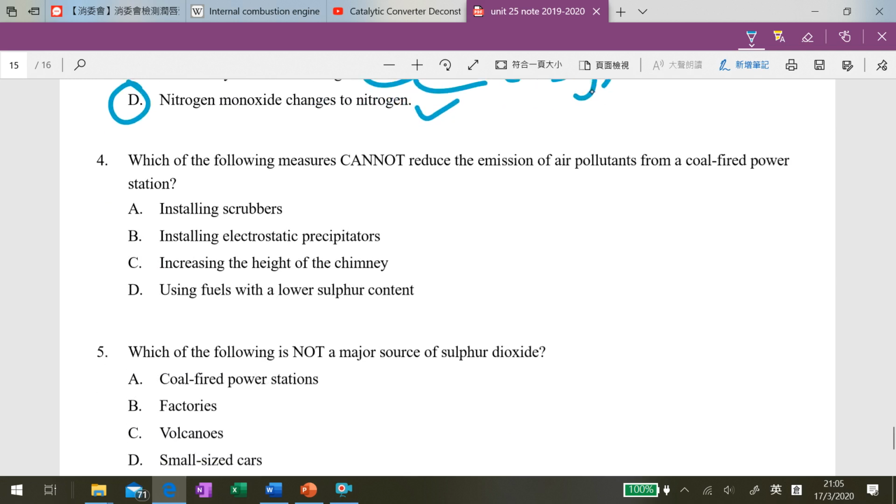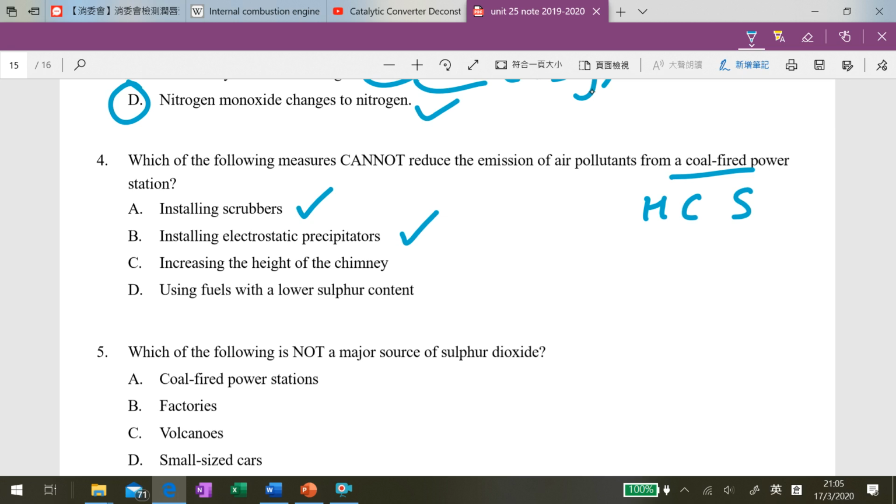Question 4. Which cannot reduce the emission of air pollutants from a coal-fired power station? It's coal, right? Coal contains quite a great amount of sulfur. A. Installing a scrubber. This is correct because it can remove the acidic sulfur dioxide. B. Installing an electrostatic precipitator. This is also correct because it can remove some of the suspended particulates.